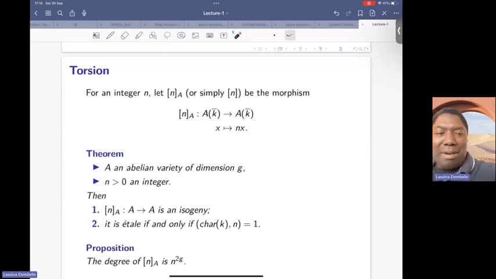Okay, so let me start by saying what we mean by the multiplication by n map. So the setup is that we have an abelian variety A. I forgot to say this. So A is an abelian variety.